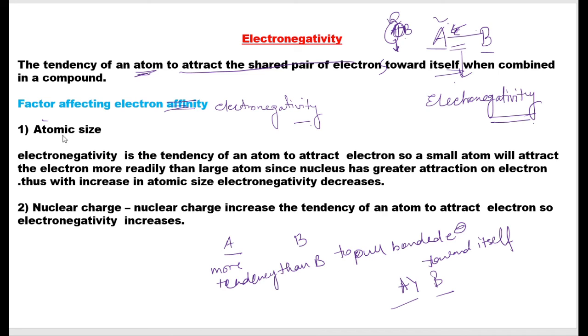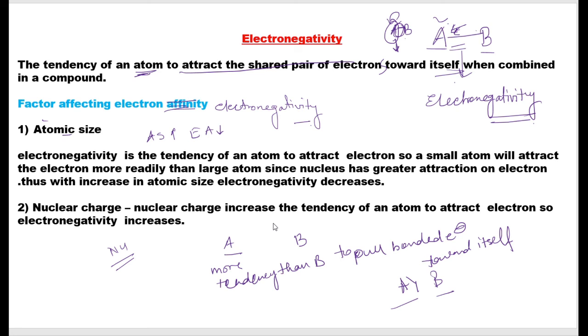So what we can say is, as the atomic size increases, electronegativity will decrease. Why? If you have a smaller atom, it will have more tendency to pull electrons towards it. But as you go away or become bigger, it will have no such tendency. Similarly, nuclear charge is positive, so the more positive charge you have, the more tendency to pull electrons towards itself.